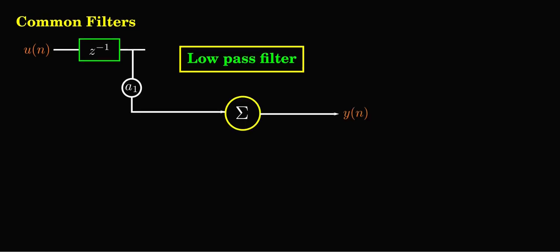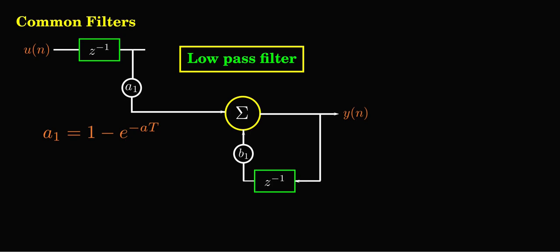I will draw the FIR filter for a first order. I am not using the canonical form. I am using the normal form that we are familiar with. So I have Un, z to the power of minus 1 unit delay, goes through A1 scaling factor, summation block, B1, the output Yn is passed through another unit delay, B1, and then you get.